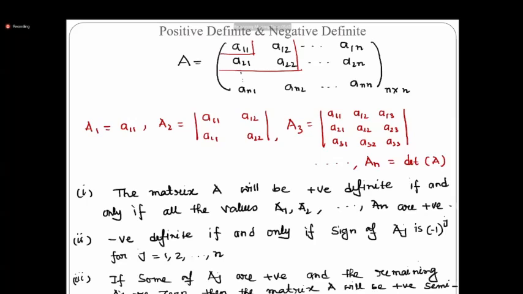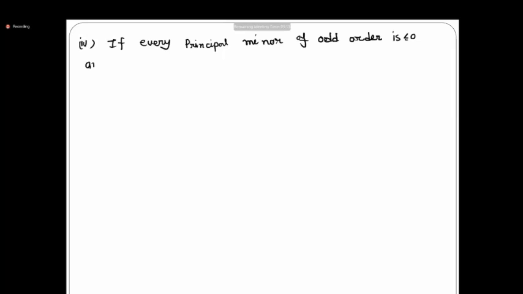Okay. So now if you proceed to the negative case, you can also write it in that way: if every principal minor of odd order is less than or equal to 0, and even order is greater than or equal to 0, right?